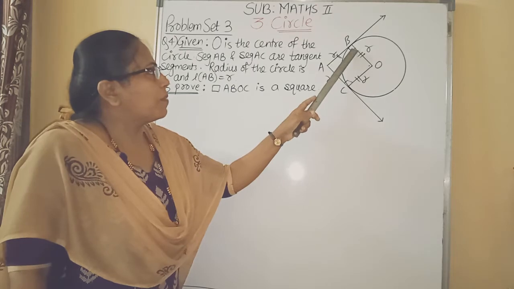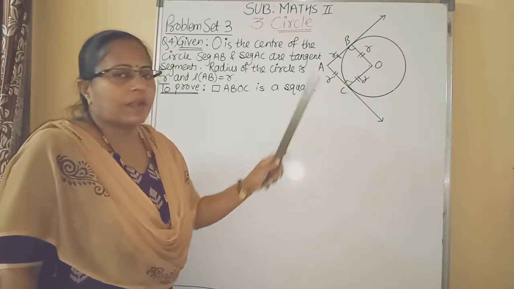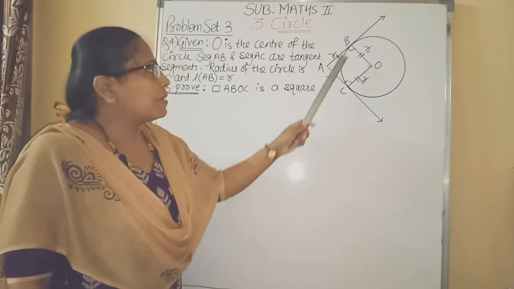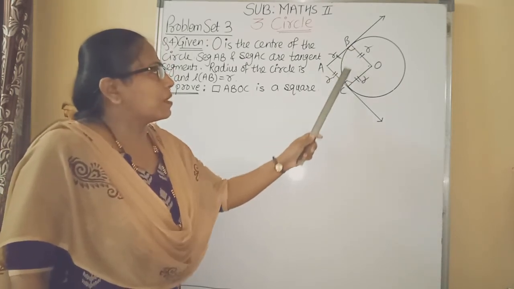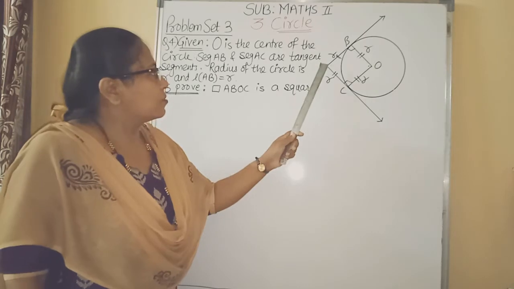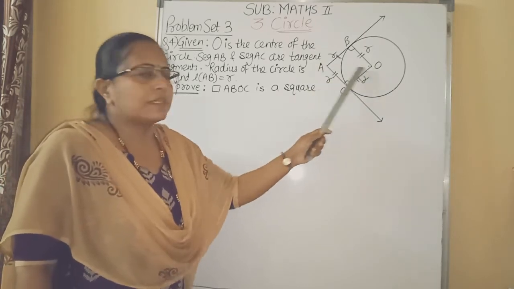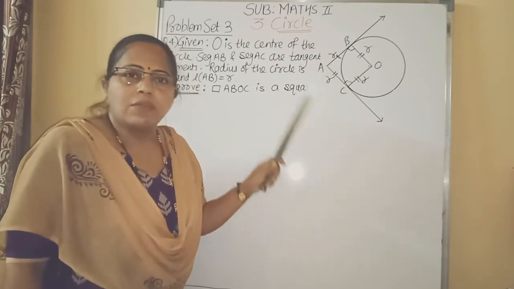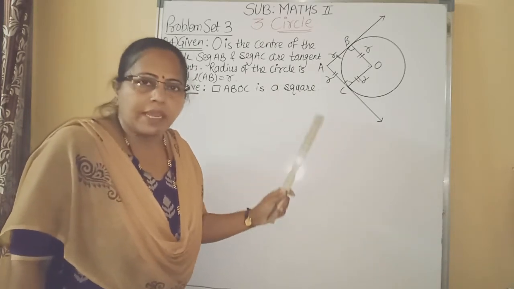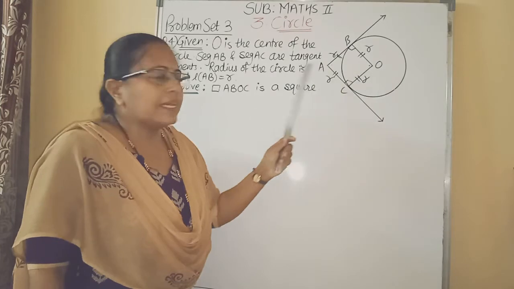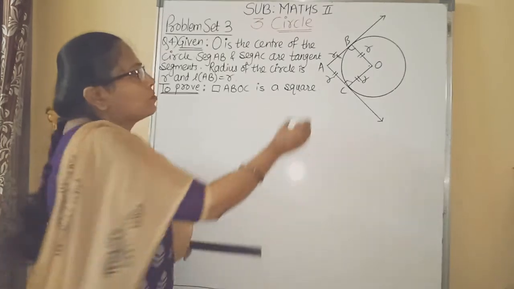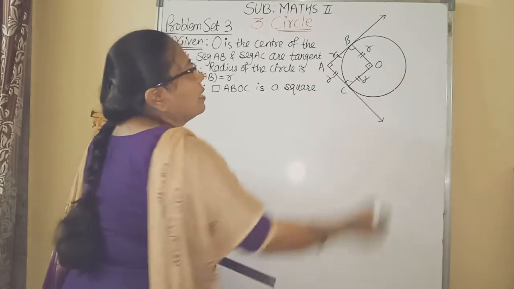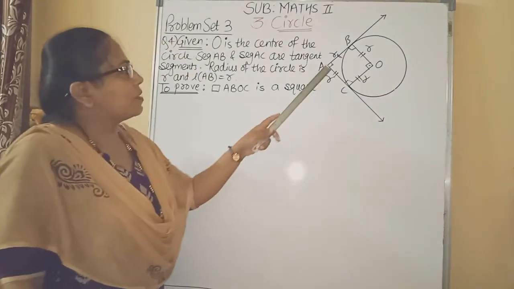Because the sum of the measures of all four angles of a quadrilateral is 360 degrees. Out of that, the sum of these two is 180 degrees. So the sum of the remaining two angles is also 180 degrees and both are equal. So if the sum is 180 and both are equal, each angle is 90 degrees. So we got angle A and angle O, both are 90 degrees.